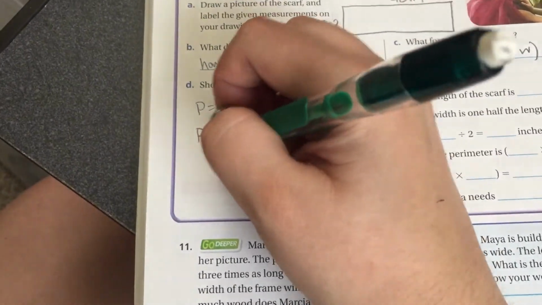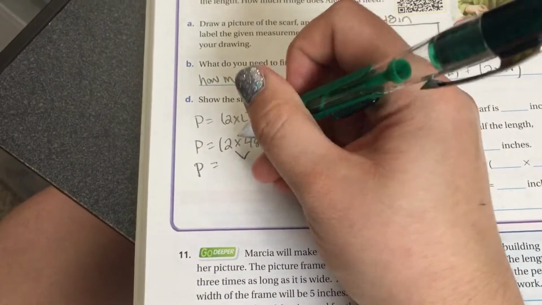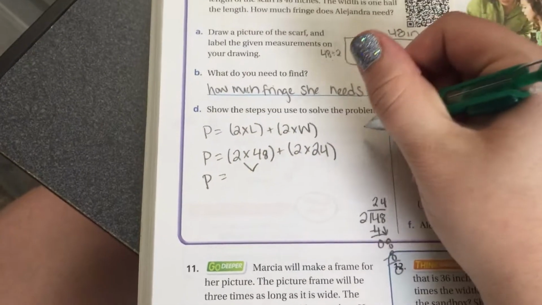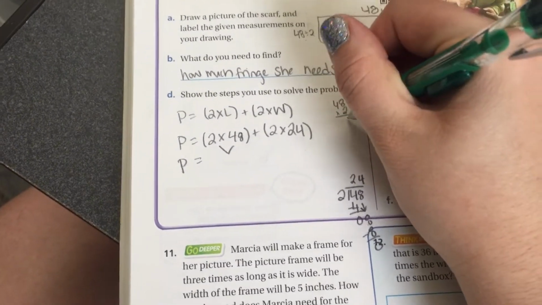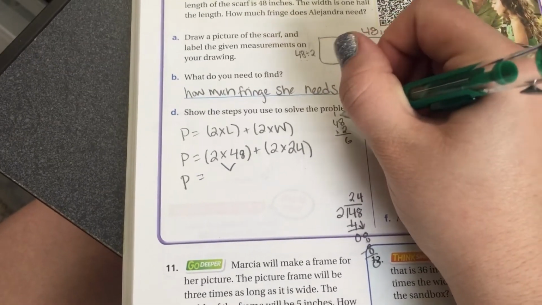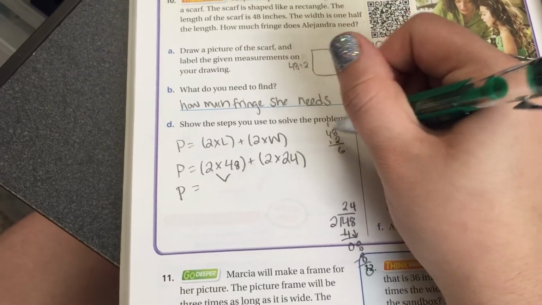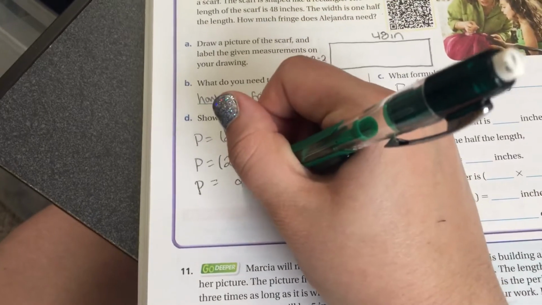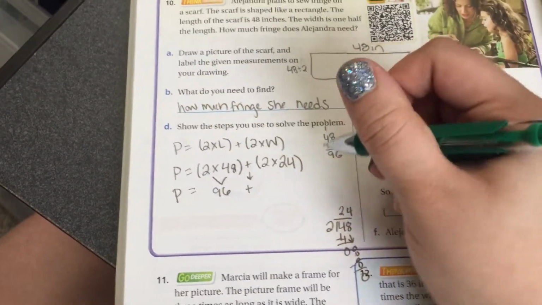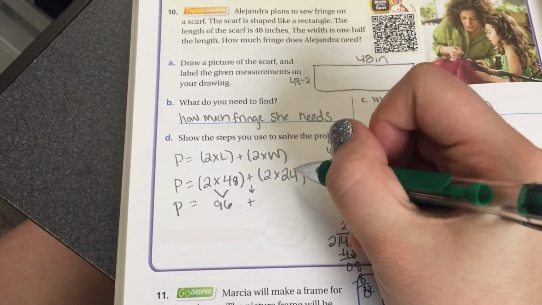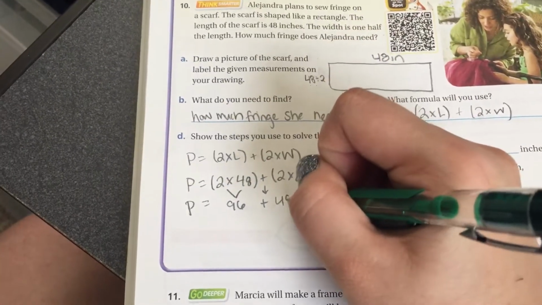And then I solve. So I've got 2 times 48, but you're not sure what that is. You can always come off to the side and do it. 8 times 2 is 16. Carry your 1. 4 times 2 is 8, plus 1 is 9. So that's 96. Plus, drop that down because I haven't used it yet. 2 times 24 is 48.